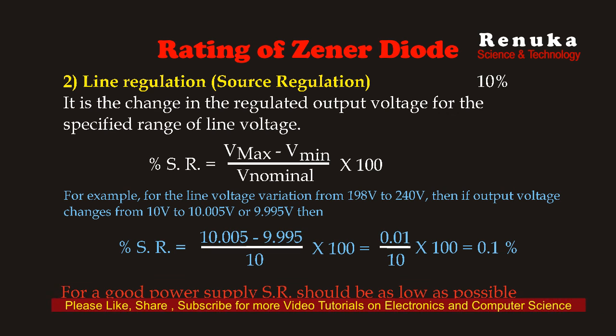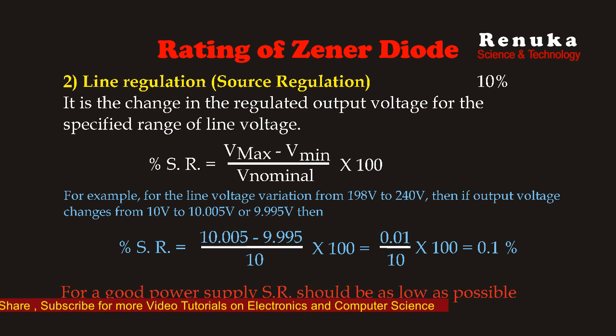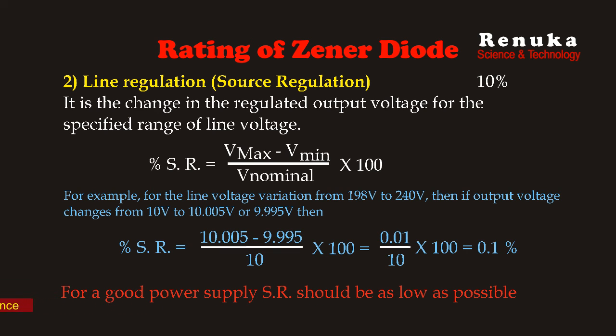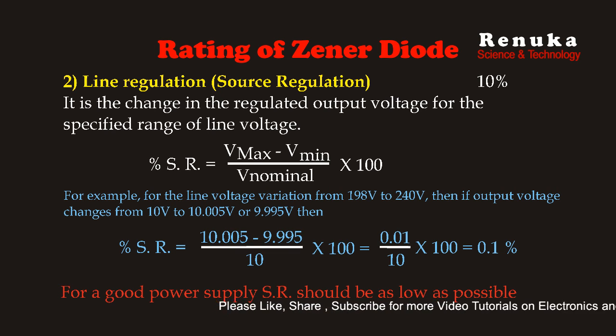Now what do we mean by V max? V max is the maximum value the input voltage reaches, and V minimum is the lowest value the input voltage decreases to. V nominal is the voltage for which we have designed the regulator.